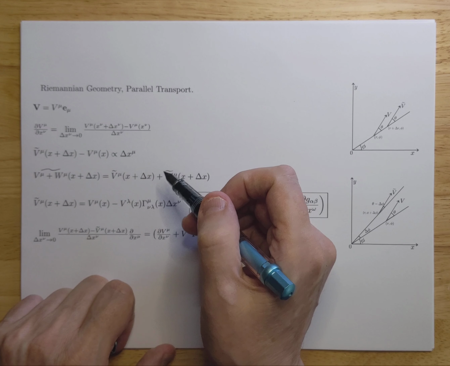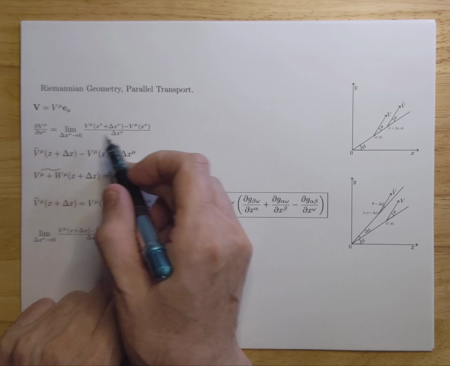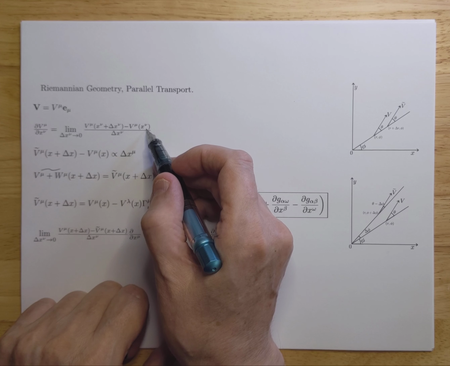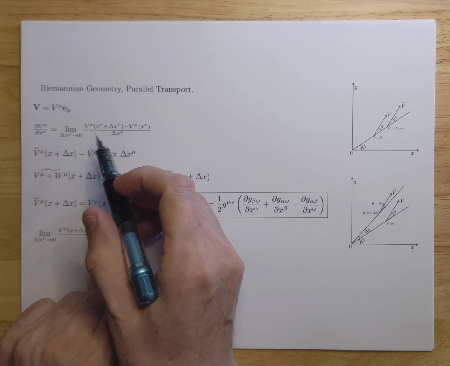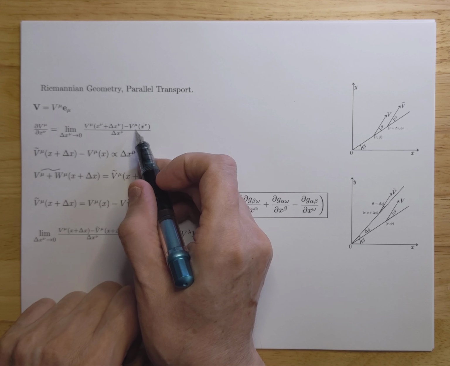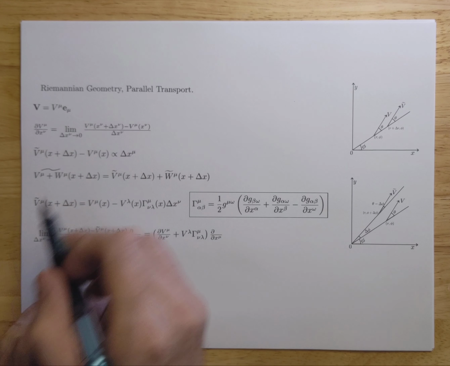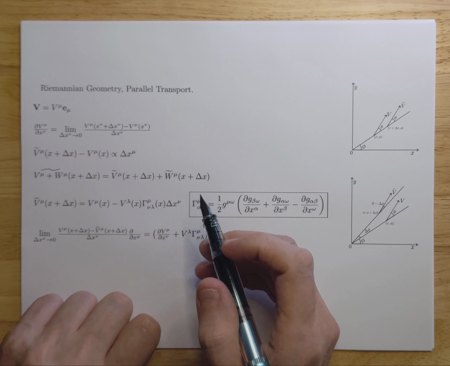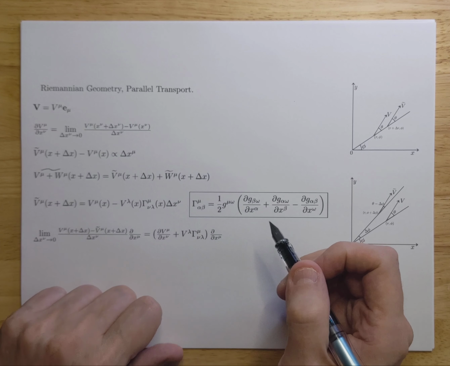X, y, or z, or something else. And this is just a normal definition of differentiation: x plus delta x minus x divided by delta x, right? You can also do that with a function: f of x plus delta x minus f of x over delta x. That's just the definition of differentiation. That's not possible in Riemannian geometry or in curved space. The reason is that the base vectors change, right?